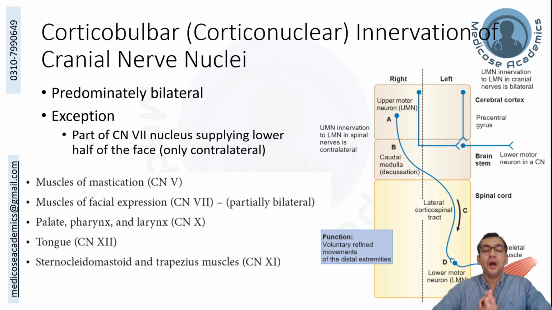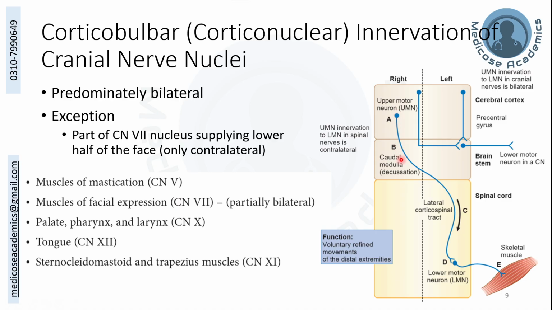Now the next thing, I want to discuss the difference between the corticospinal tract and the corticobulbar or corticonuclear tract. In this picture, for now, don't focus on it, focus on this. In corticospinal tract, the signal starts from the cerebral cortex, the upper motor neuron.